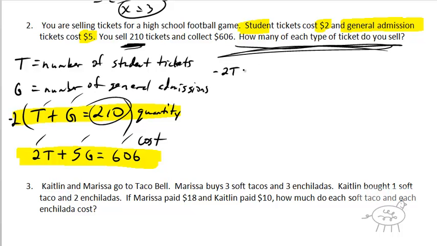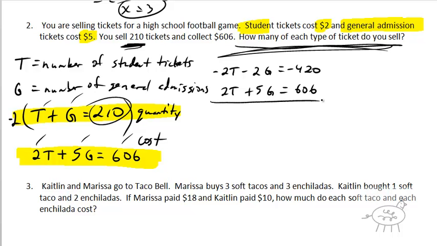Negative 2t minus 2g equals negative 420. Okay, the next one is 2t plus 5g is equal to 606. All right, the t cancels, and I get 3g is equal to 186.